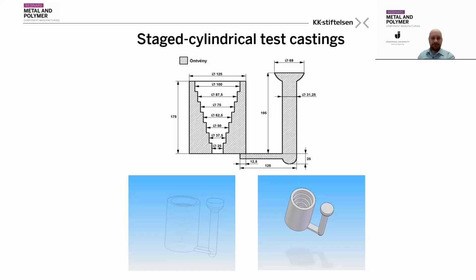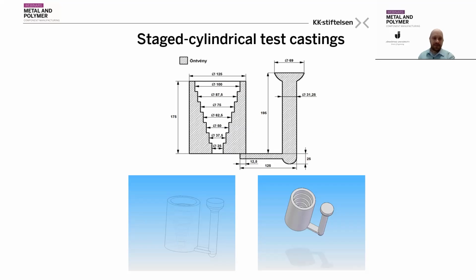It has an internal geometry with different steps, and the internal geometry is usually produced by using an internal core, and then we can achieve these different kinds of steps, starting from the bottom with the thicker wall thickness of the casting and going up even thinner up to the top of the casting. And the good thing with that is that we can achieve different heat load environments when it comes to the molding material.